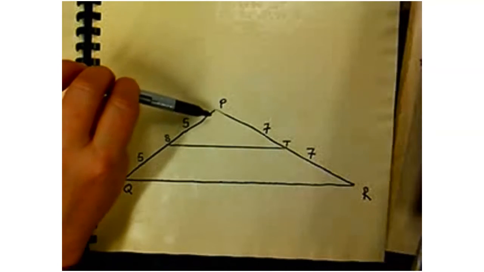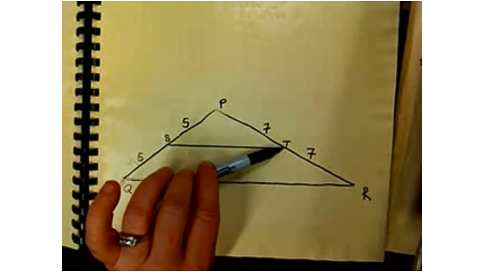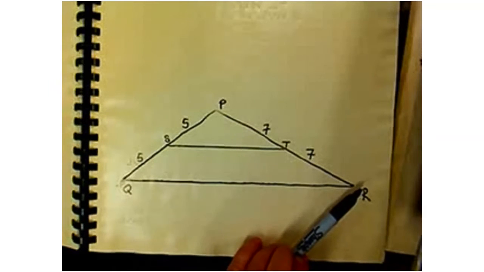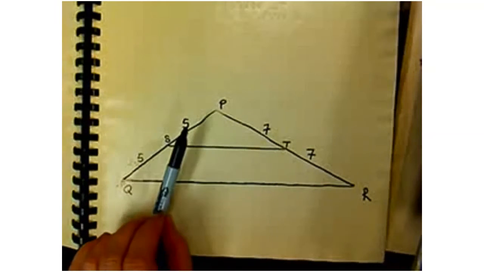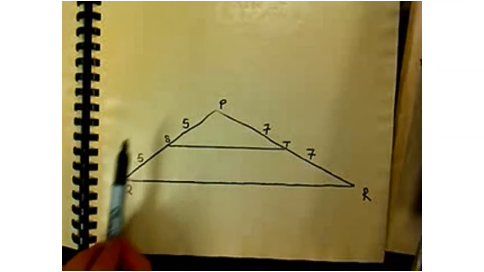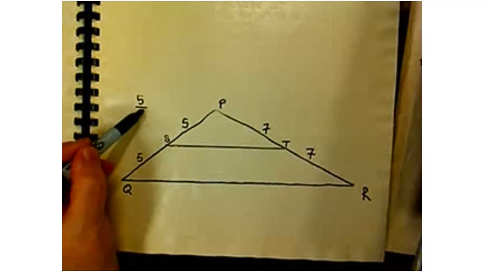Because notice if we think about the little triangle PST compared to the big triangle PQR, you know they're similar. The left side is 5 in relationship to the left side 10 of the big triangle. 5 is to 10, right?